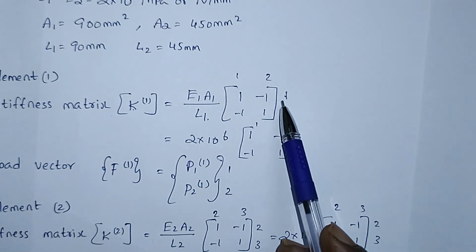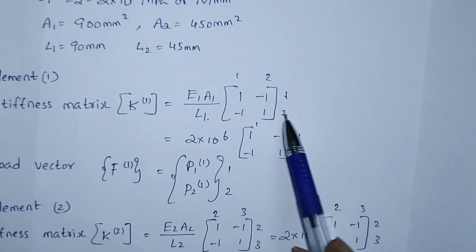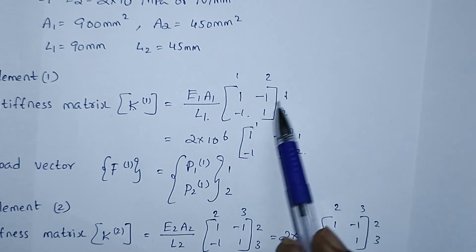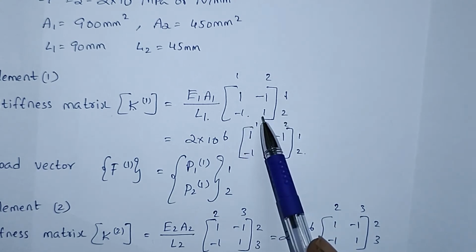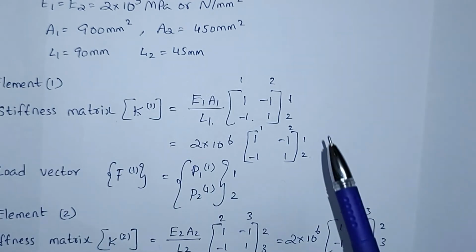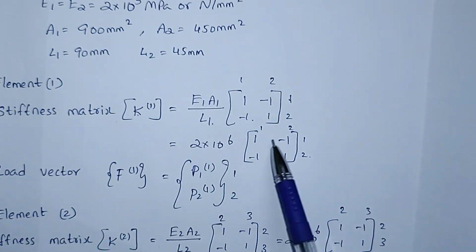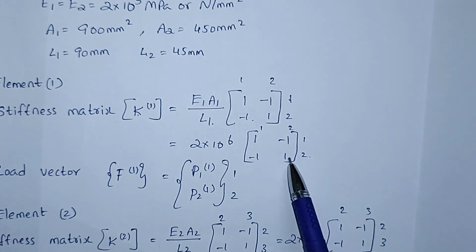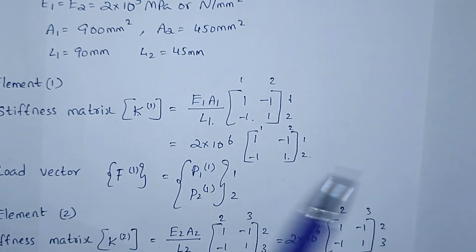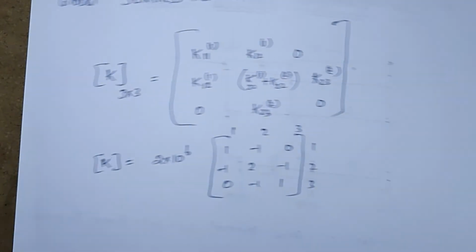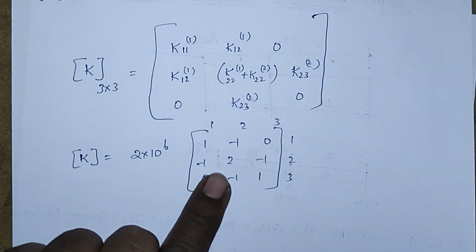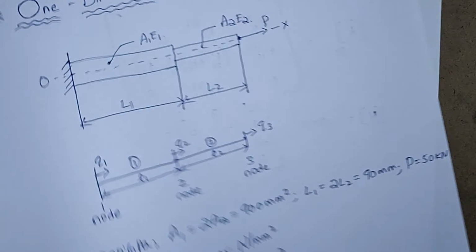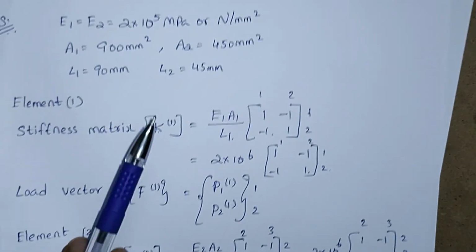Next, 1 2 we are having -1, and 2 2 we are having 1. Same way, coming back here, again 2 2 we are having 1, so 1 plus 1 is 2. You can see how we got this 2: it is because 1 plus 1 gives 2 by adding these matrices.